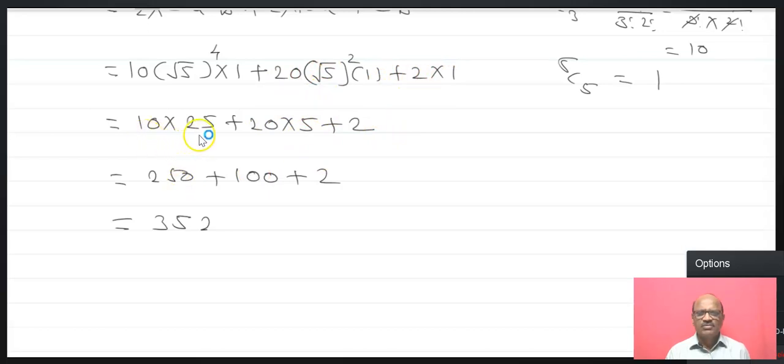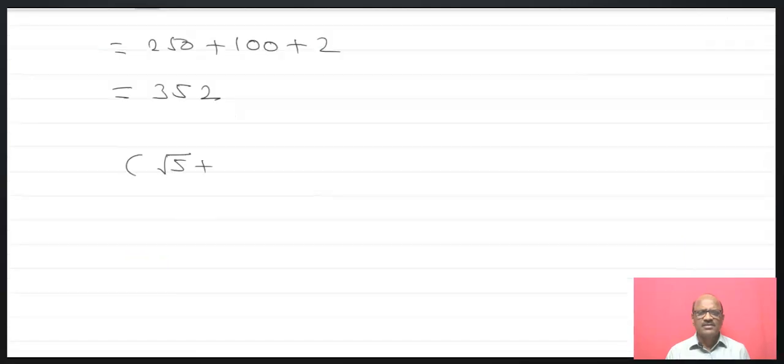Now here 10 into 25 is 250, 20 into 5 is 100, and plus 2, and overall you will get the answer, that is 352. This is what we want to prove.